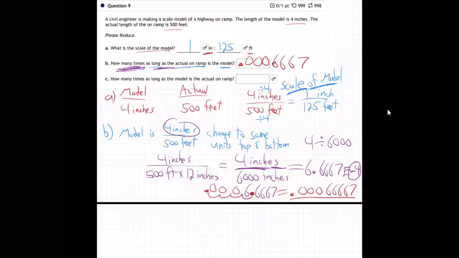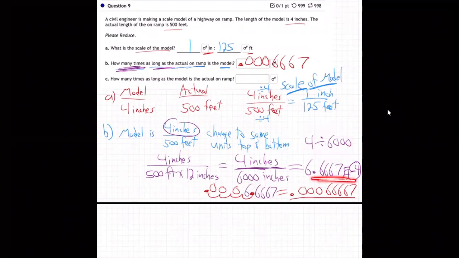Does that make sense so far? That's a little tricky, isn't it, for part B there? Do you see that? So I took 4 divided by 6,000. How did I get that? Whenever they ask you how many times bigger the model or the real is, you've got to get them in the same units. If you want to know how much bigger one thing is to another, they've got to be in the same language, the same units. So I've got to take that 500 feet on the bottom and multiply by 12 inches in every foot to get 6,000 inches, and then divide on my calculator.